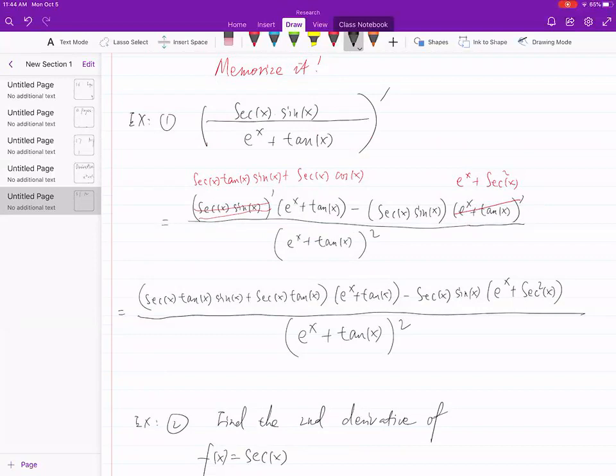Let's check the first one and make sure everything looks okay. It's quite easy to follow once I write everything down.